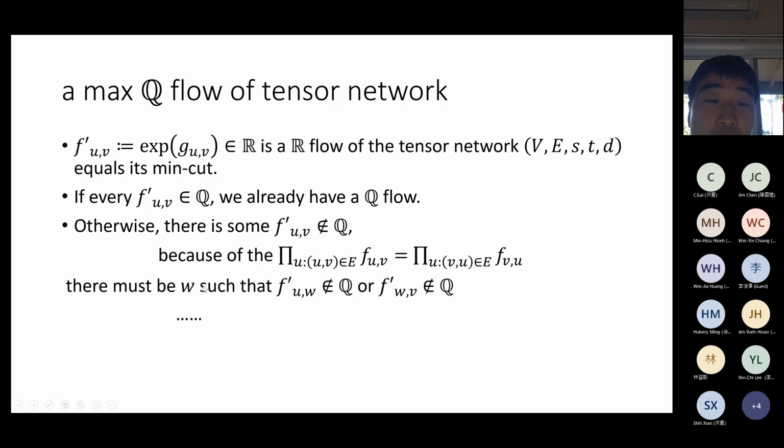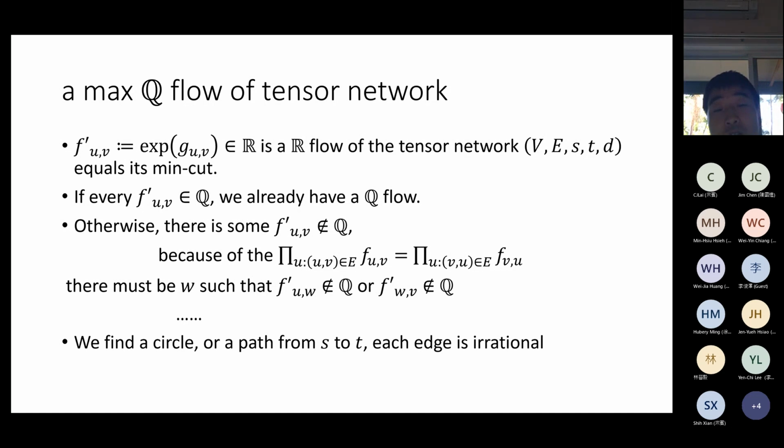So there must be some W such that F prime UW is not rational or F prime WV is not rational. And we can keep going. In the first case, we can find another, maybe F prime KU or F prime WK, which is not rational, and so on. So it turns out we either find a circle inside the network or a path from S to T such that each edge is irrational.